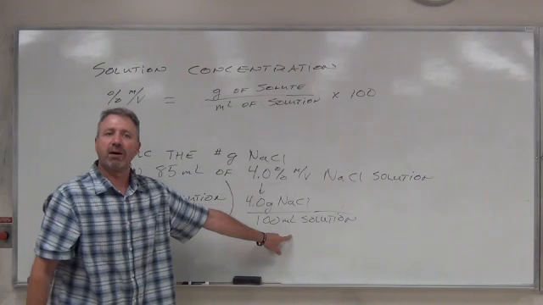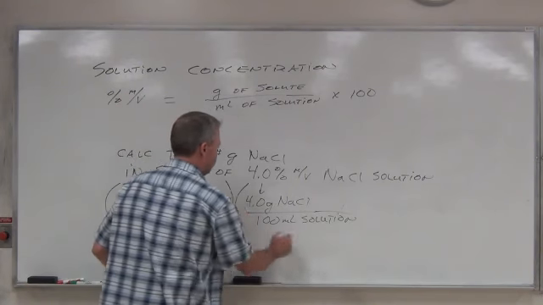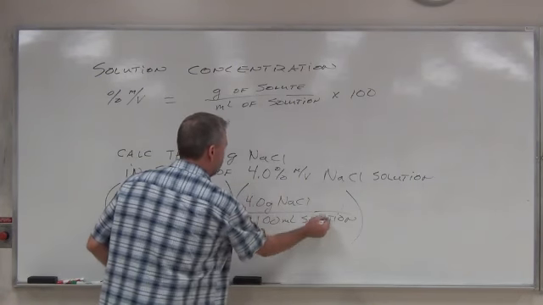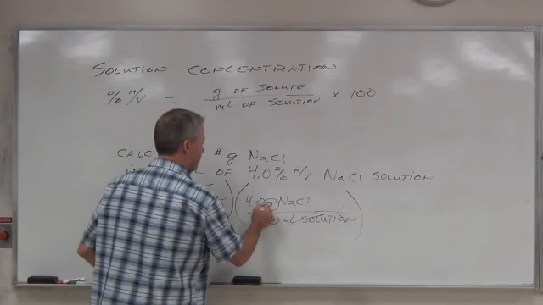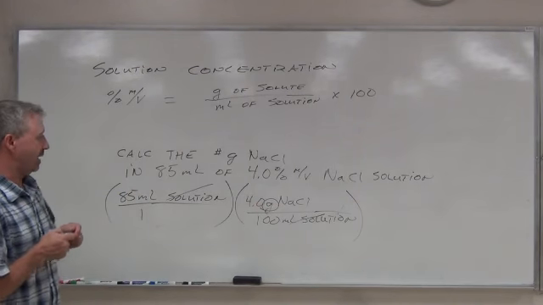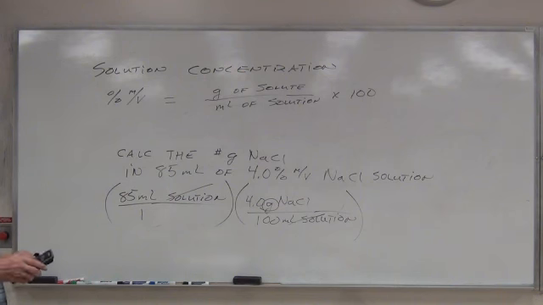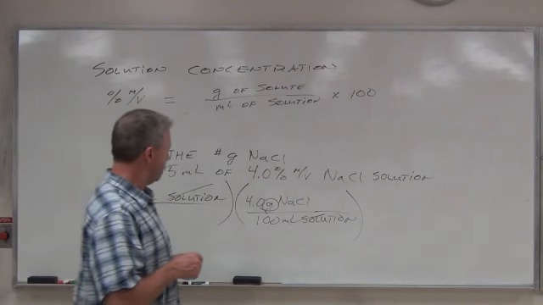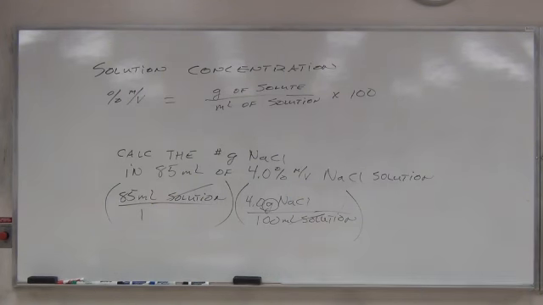I already had the correct conversion factor. Cancel out mils of solution. We're left with grams of NaCl. What do you get? 3.4.